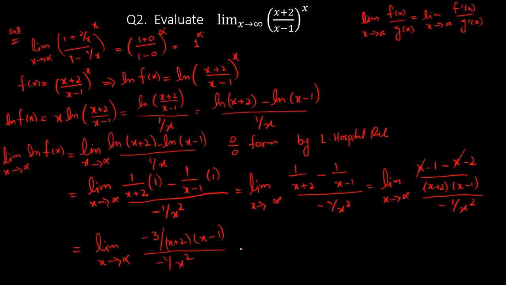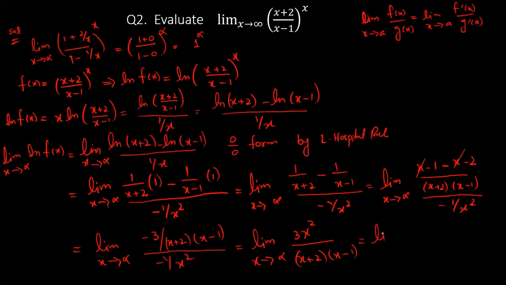Okay, so we can rewrite it. As x approaches infinity, this x square goes in the numerator, and this minus is cancelled out with this one, and this becomes 3x square by x plus 2 into x minus 1.